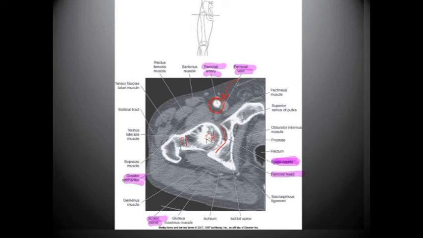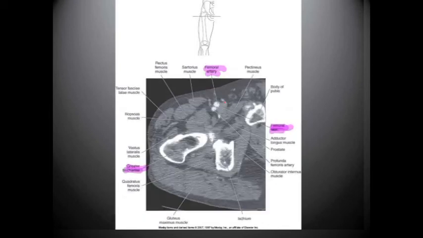Additionally, we have the acetabulum, femoral head, femoral neck, greater trochanter, superior pubic rami, and notice that the femoral vein is situated right next to the femoral artery. Here we have the femoral artery, and notice the femoral vein has contrast enhancement in it as well.